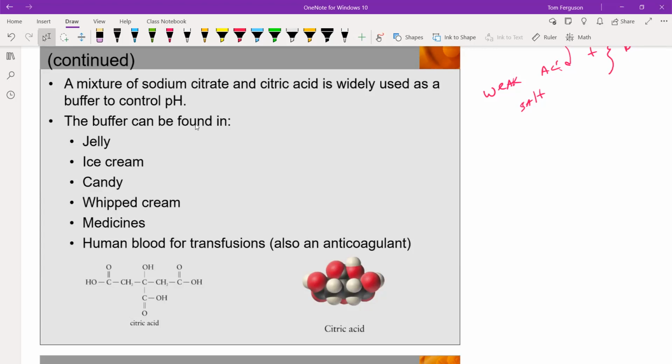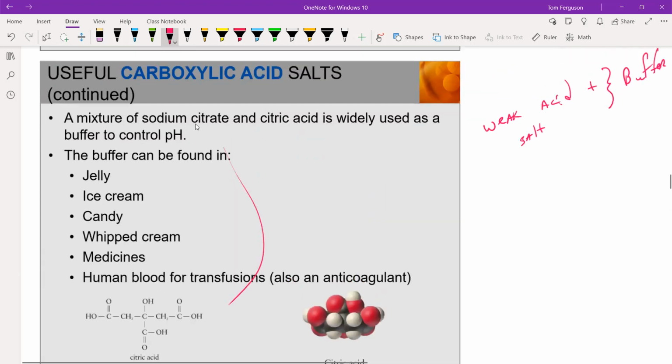Buffers are used a lot in food because you don't want things super acidic or super alkaline. Alkaline things are bitter, acid things are sour. So you want kind of a balance between those two. And as we go on in this subunit, you'll see how this all comes together.